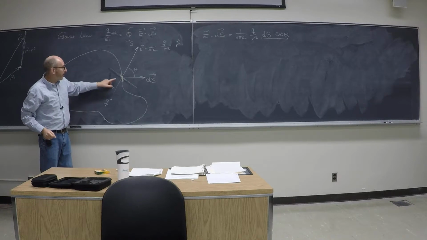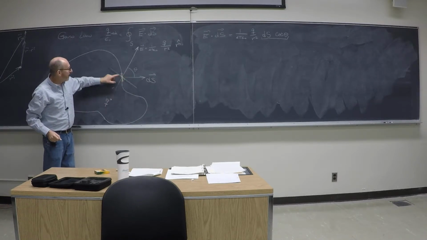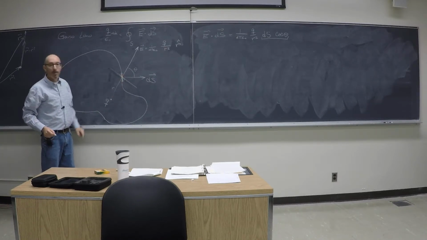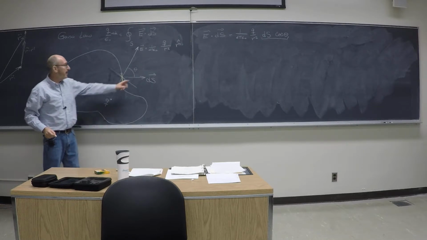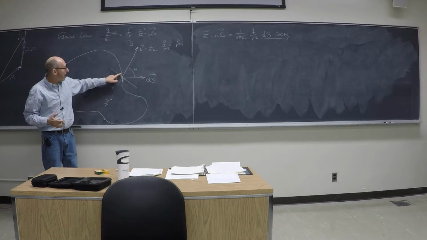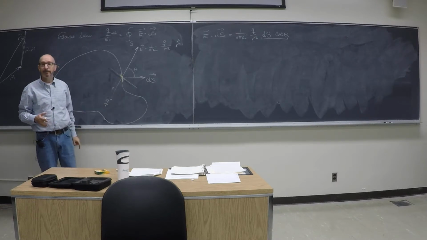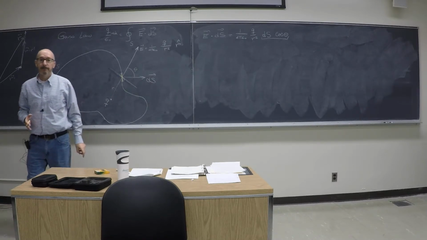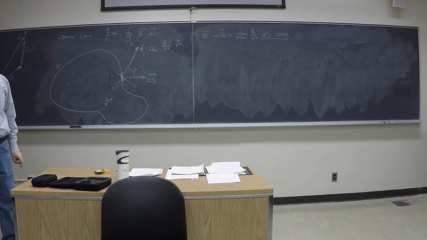You see, this is the angle theta. If theta was equal to 0, meaning that the area and the electric field were in the same direction, how would those two areas compare? If ds and E are in the same direction.